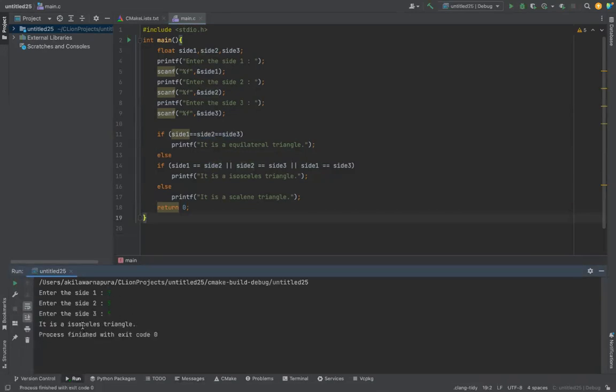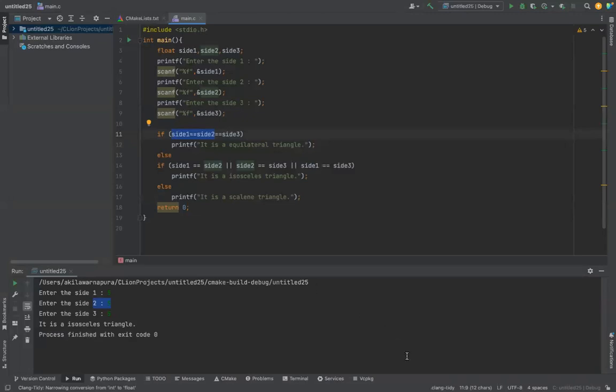the mistake in your question, it shows isosceles. So enter 5. First it checks, from the left side, side 1 and side 2. Side 1 is 5, side 2 is 5. Yes, they are equal. Then it returns 1.